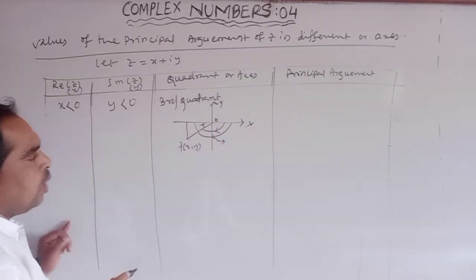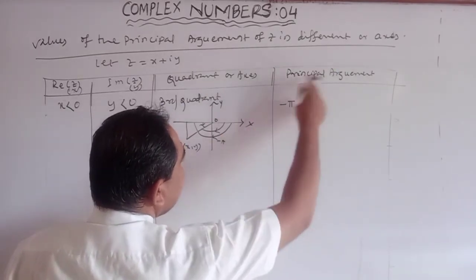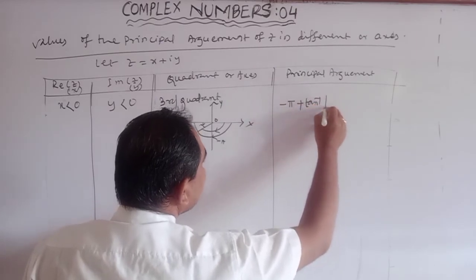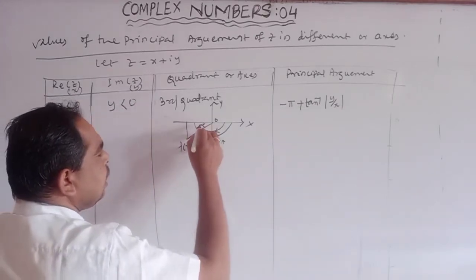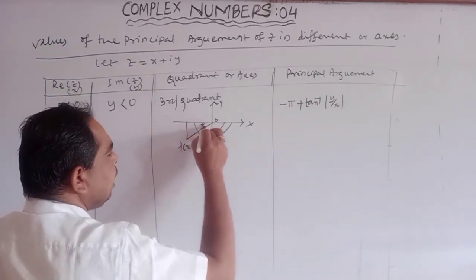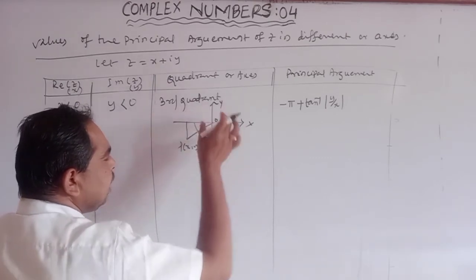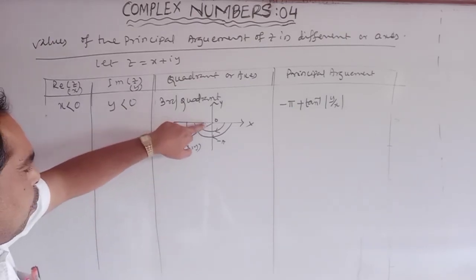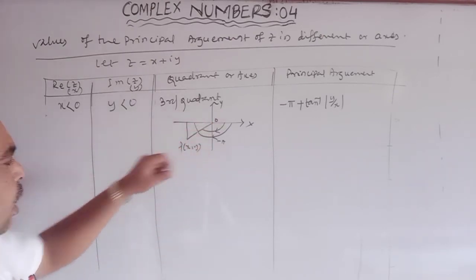So the principal angle theta is equal to minus pi plus tan inverse mod of y by x. This angle is tan inverse. The whole is minus pi, plus this angle.